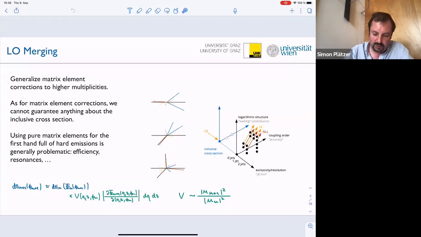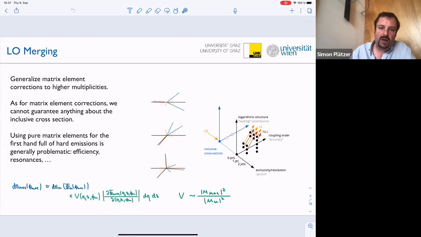And in the case of merging, at the leading order case first of all, we'll be doing that by considering different phase spaces, and the question of how we still maintain that we get an accurate resummation of multiple emissions by the parton shower. That is the main issue and the main art of doing merging, that we don't double count phase space regions, but equally well that we don't leave out phase space regions.